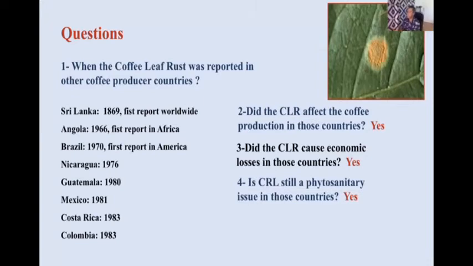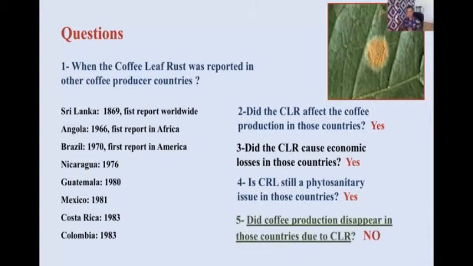The answer is very simple: yes, and a lot. And did the coffee leaf rust cause economic losses in those countries? Yes. Now, this question is very important: is coffee leaf rust still a phytosanitary issue in those countries? And the answer again is yes. But the last question, which I love, is: did coffee production disappear in those countries because of the coffee leaf rust? The answer is no.